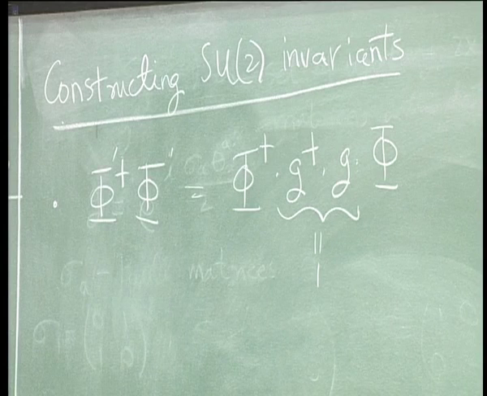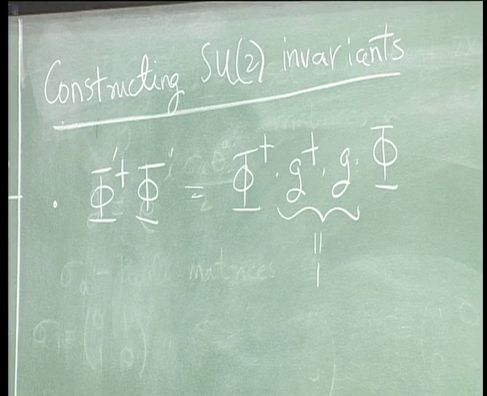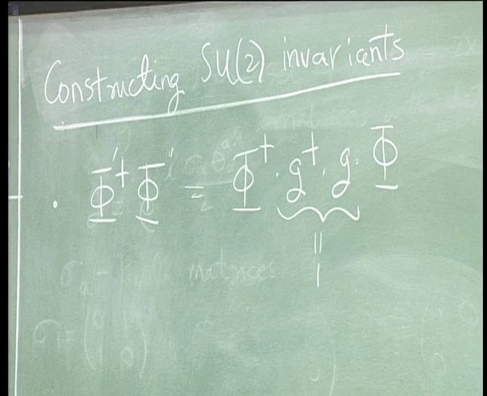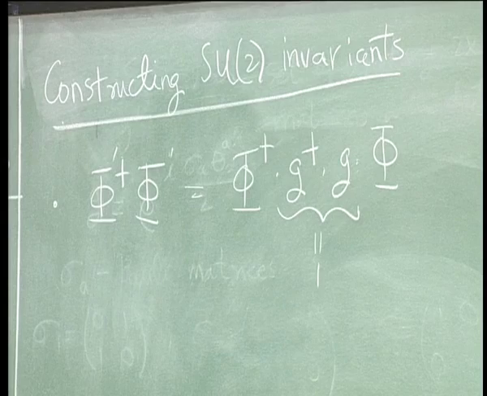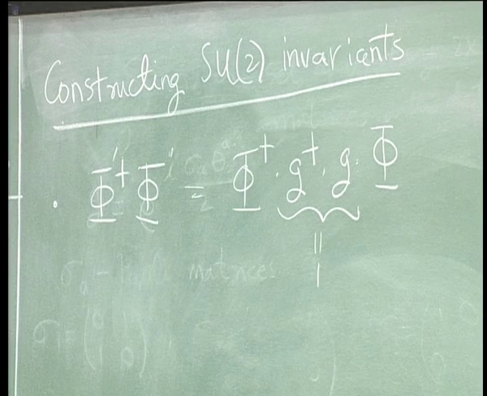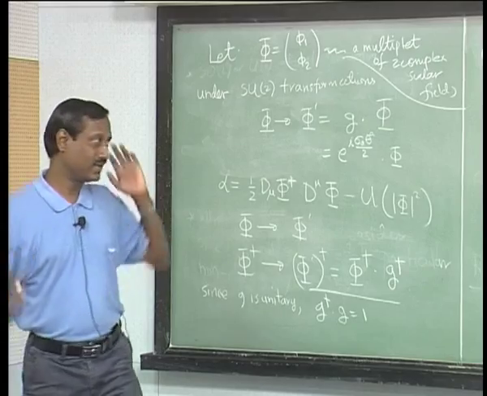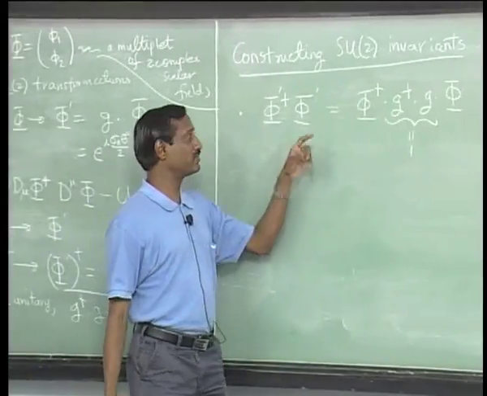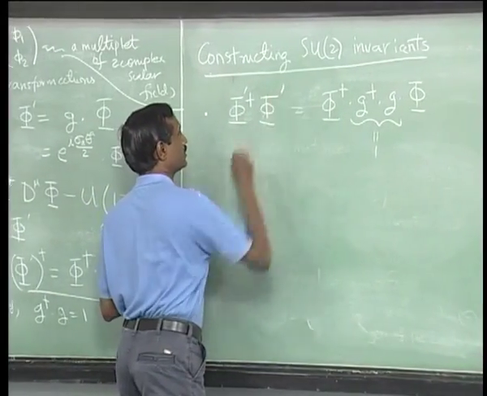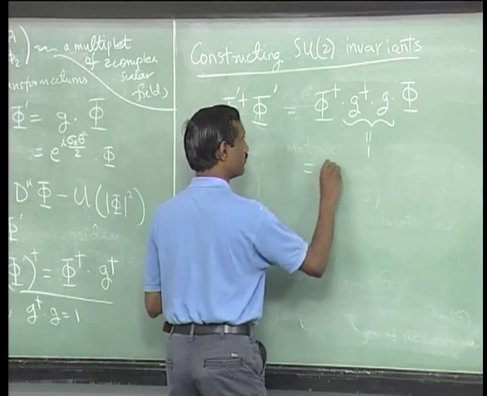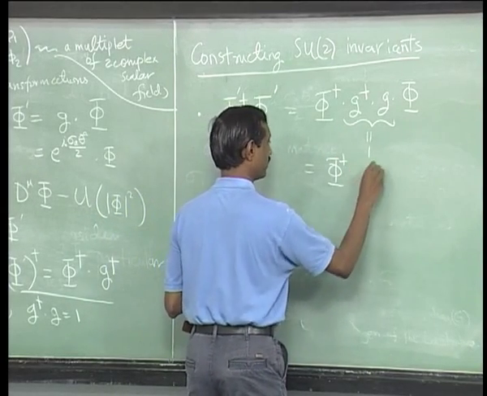By the way, this is true for all representations, like I said, we will always choose them to be unitary. The group need not be the unitary group, even this could be SO3, it does not matter, it could be SU10. So this kind of object will always be invariant. So G dagger G is 1, and this is equal to phi dagger phi.